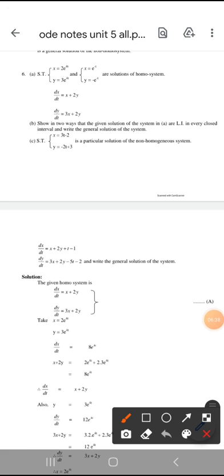Here we have to prove that the set is linearly independent. Linearly independent means that no vector in the set can be defined as a linear combination of the others.